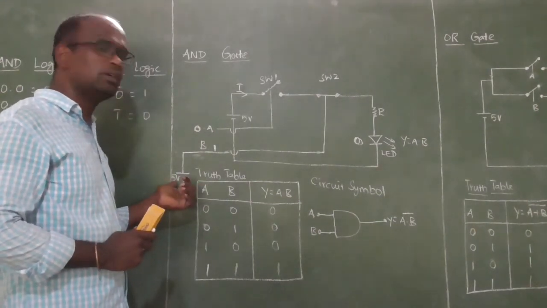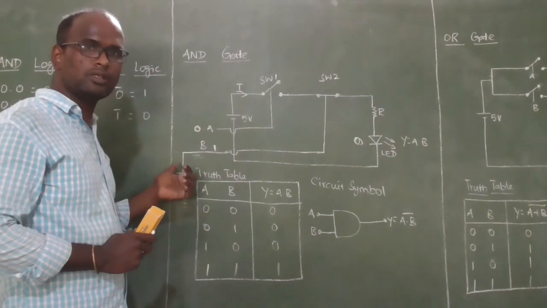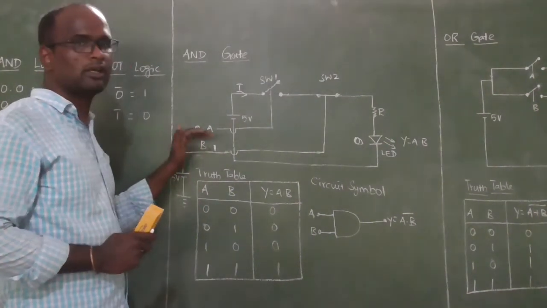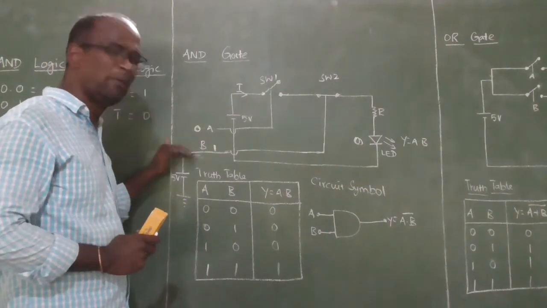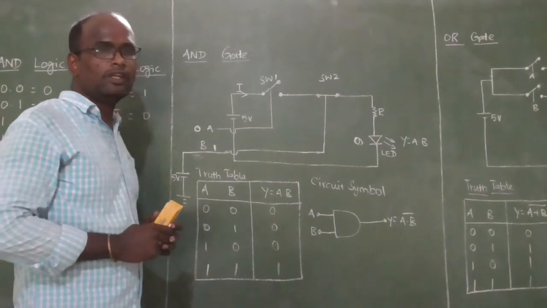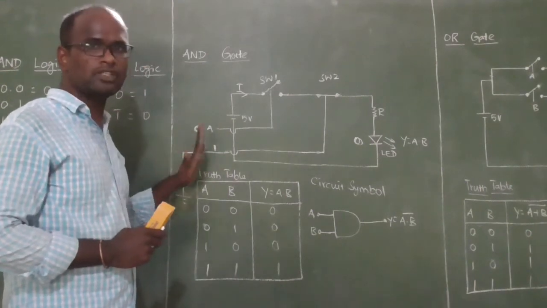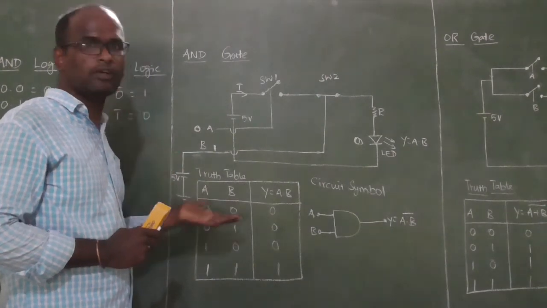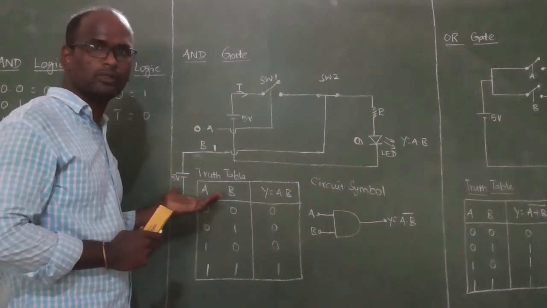So we can apply a 5 volt or 6 volt or any number of voltage to flow the current, to apply the current for the particular switching input. If the current flows, that means logic 1. The current may be any number of amperes.